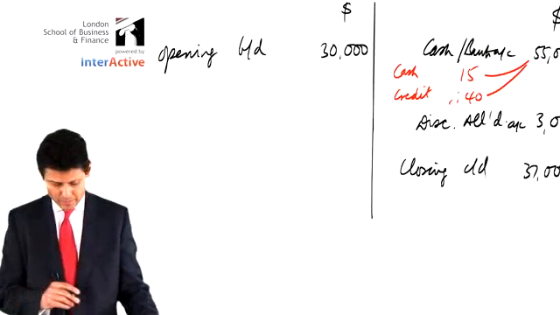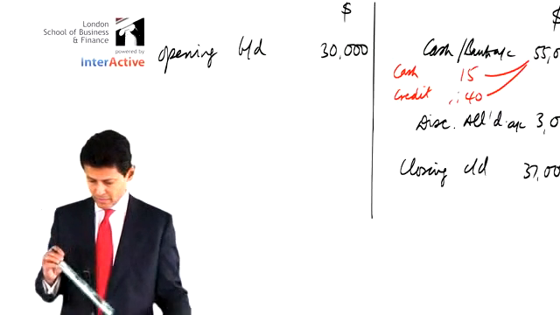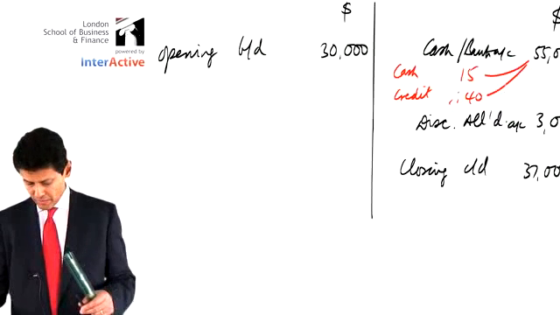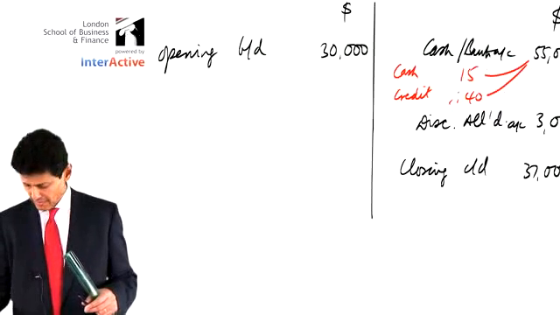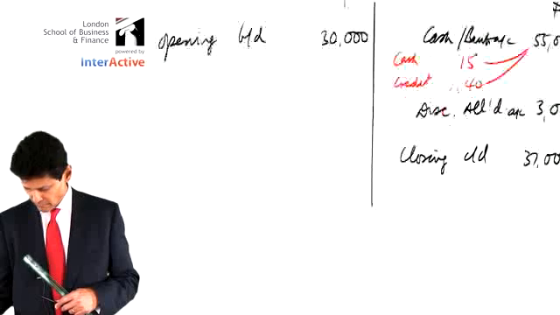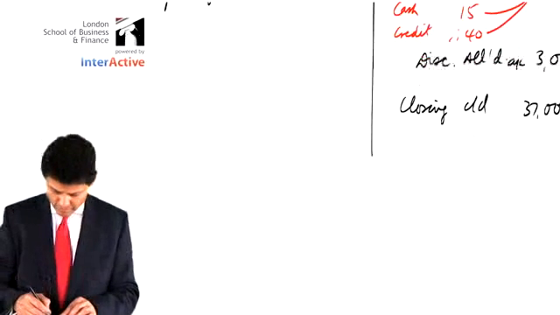And the reason why you put it on that side is when you add it all up, you can then bring down the balance into the new year on the equivalent side as the opening went into. So I leave a couple of lines just in case, and then rule it off neatly.